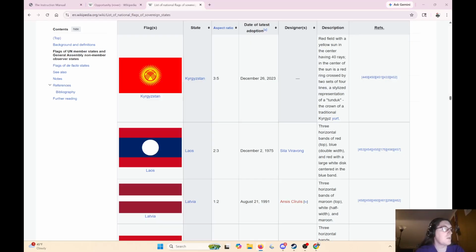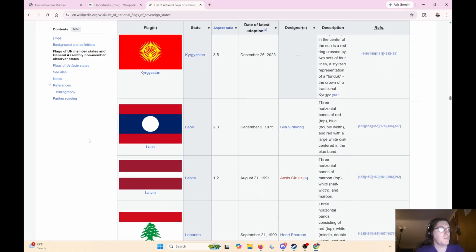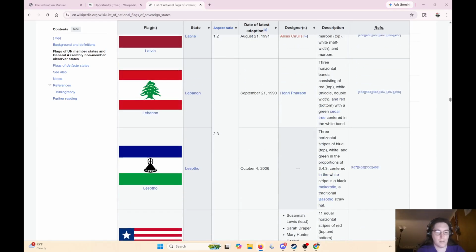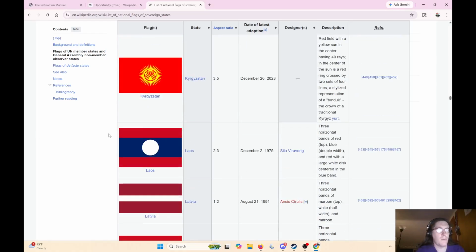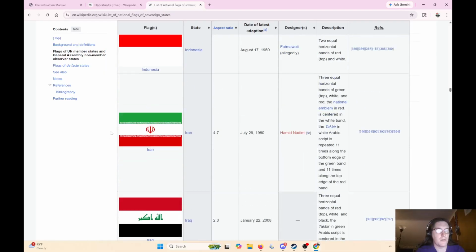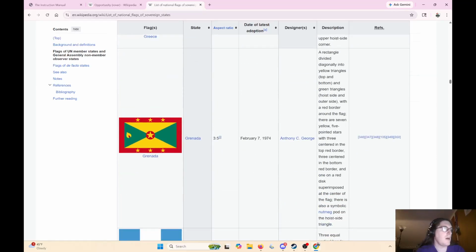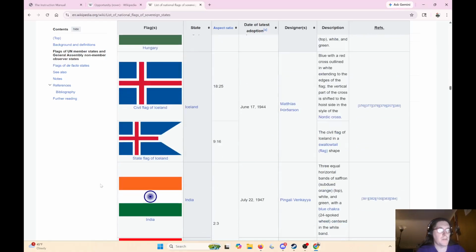Laos. I mean, these don't seem to be in an order at the moment, so that gives me hope that this is an order for something. Lebanon is on there. Oh, I think I passed one. Yeah, Grenada. This is what happens when I'm trying to look for 12 flags at once.